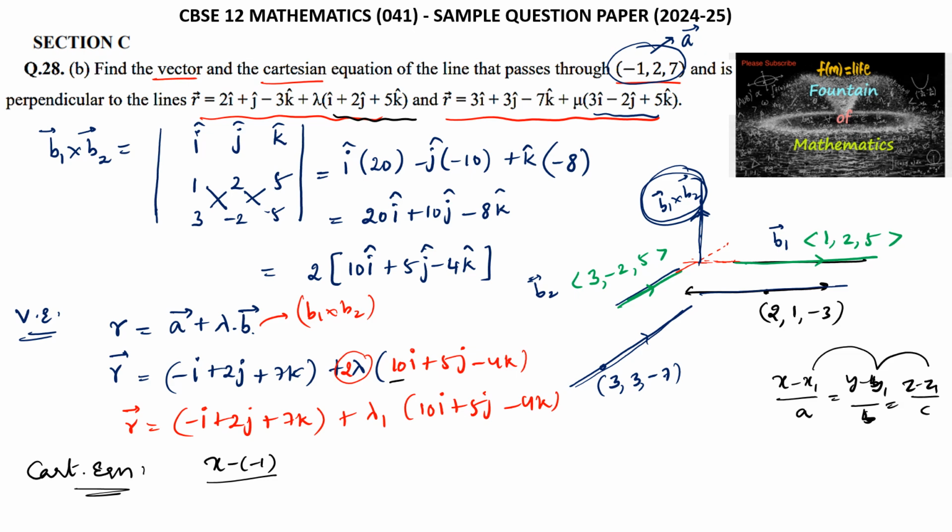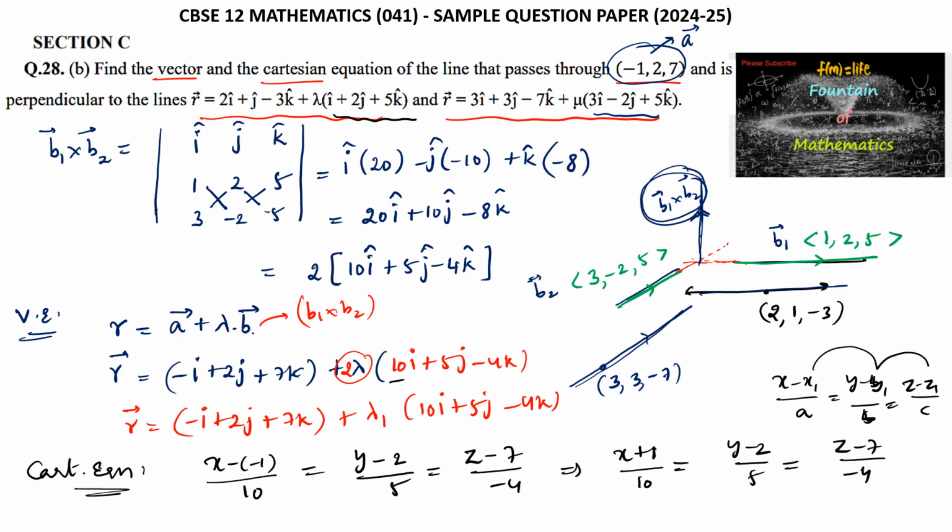So we can write (x + 1) upon 10 is equal to (y − 2) upon 5 is equal to (z − 7) upon −4. So here is the answer. This is the Cartesian equation and this is the vector equation.